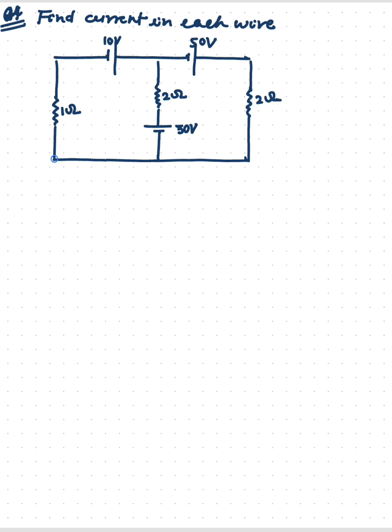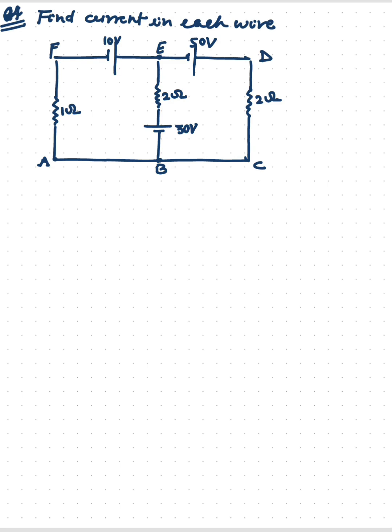And its names, as in question it is given, this is A, B, C, D, E and F. So this is the junction. This circuit is given in the question, and we have to find the current in each branch.